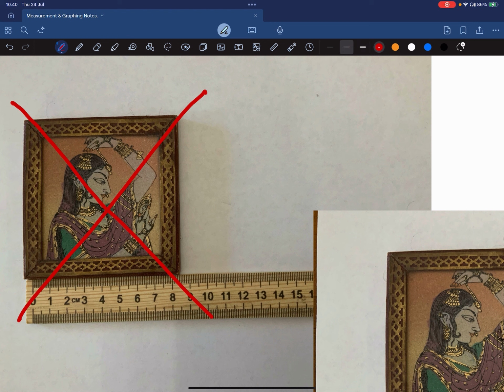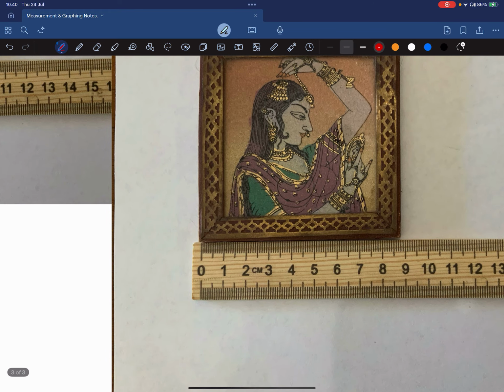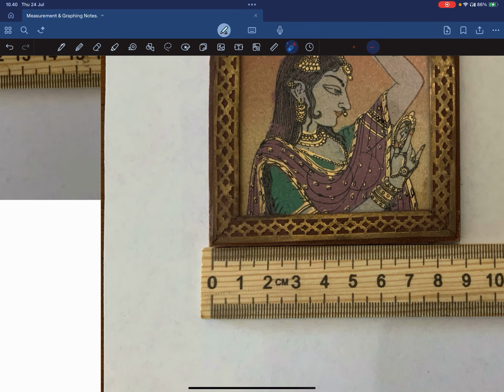And the reason you do not want to do that is because that right there is not at 0. So, how do you do it? Well, we take a look at this one. Notice the edge of the placemat is at 0. Okay, so that's fine.